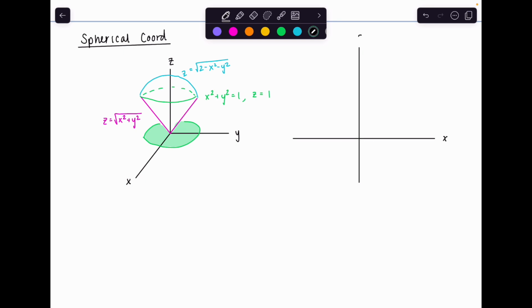So here's the XZ. So if I take that slice, that XZ trace, if you remember, was the absolute value function. Okay. And then we've got the cone sitting up top. Let me make sure I use the same color, which is right here. And this is a radius of √2.